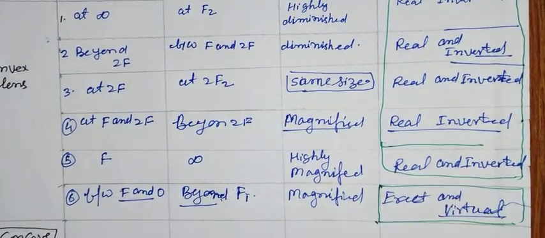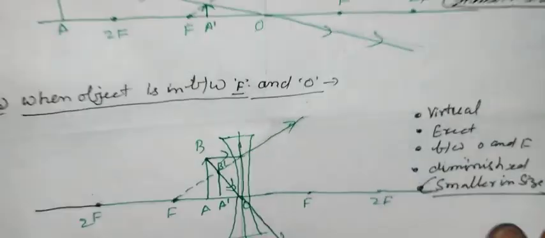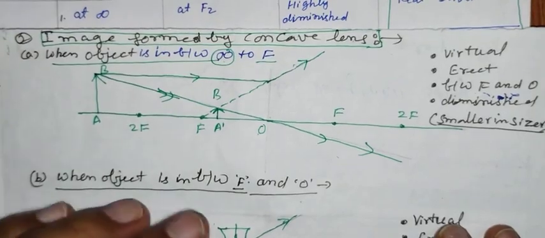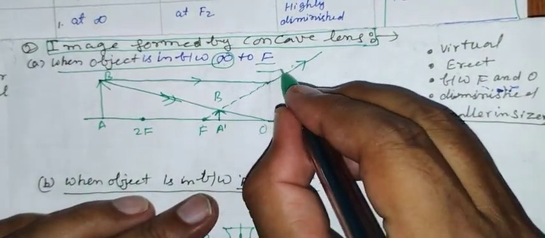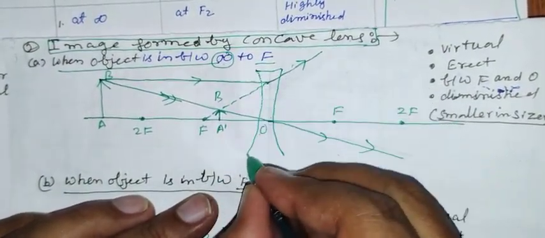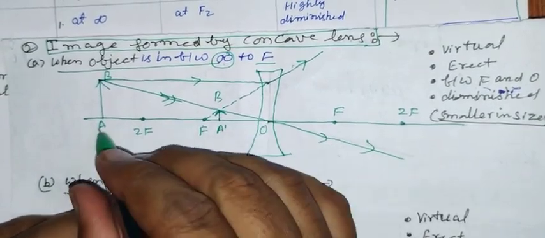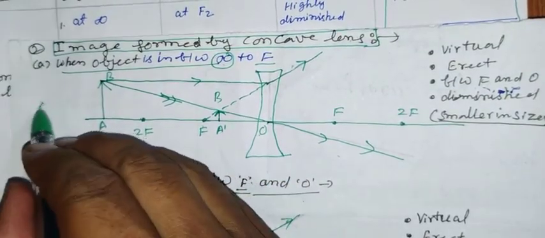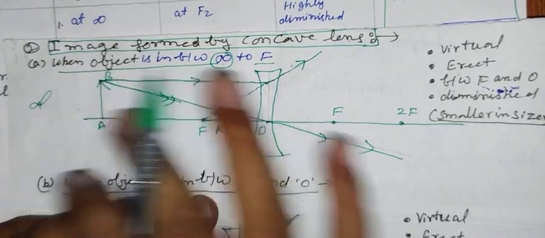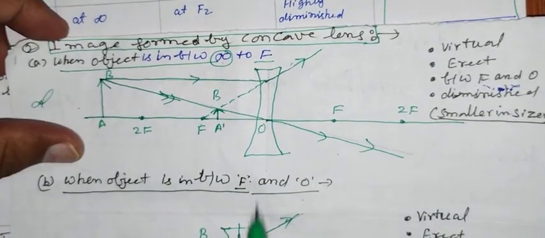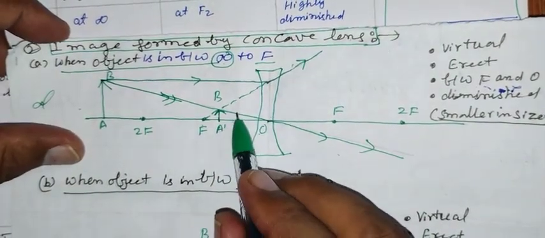Now it is time to see the case of a concave lens. When the object is kept anywhere in front of this concave lens, between optical center O and infinity, anywhere in between, the image is very small size, erect, virtual.